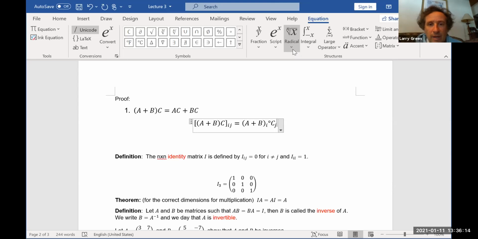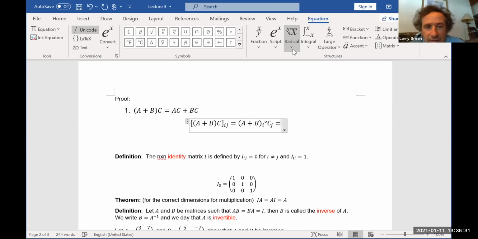Okay, well, what's the definition of A plus B? You just add them, right? Addition is really easy. Unlike multiplication, which is a little messier, addition is easy.